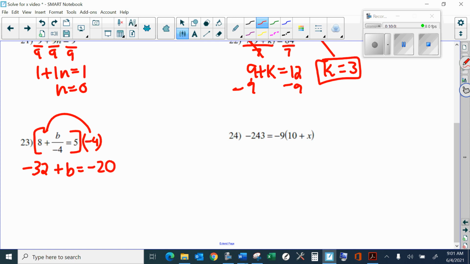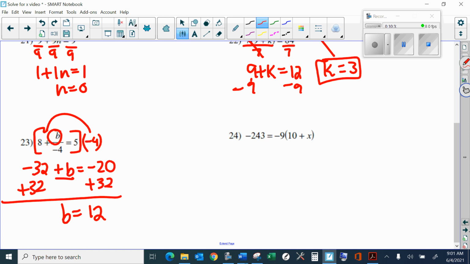Now, the reason I did negative 4 instead of positive 4 is because I want the b to be positive. So I don't have to move it to the other side because I always want the coefficient of b to be positive. So now it's positive. Now I'm adding 32 to both sides. Okay, and how should I read that problem? I don't read it negative 20 plus 32. I say it's 32 minus 20. A second grader can answer that. 12.